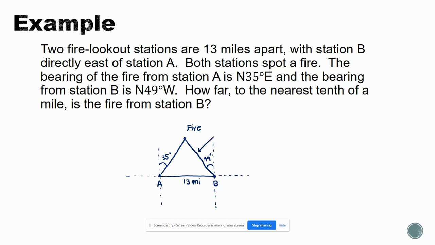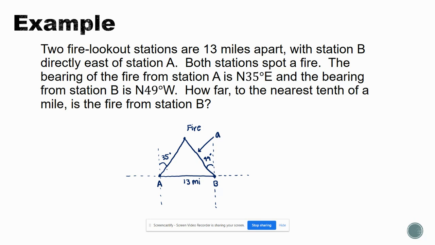Notice that it's across from angle A, so I'm just going to call that side a. But we need a little bit more information because we only have one side in this triangle. We need to recognize that 35 degrees is outside of the triangle, but its complement is inside, because north, south, east, and west basically form the x and y axes, creating right angles throughout.